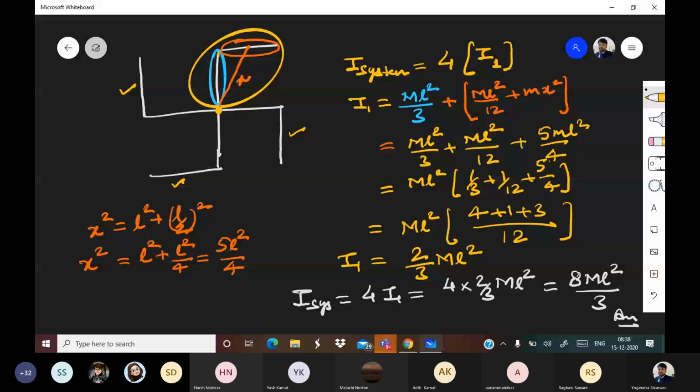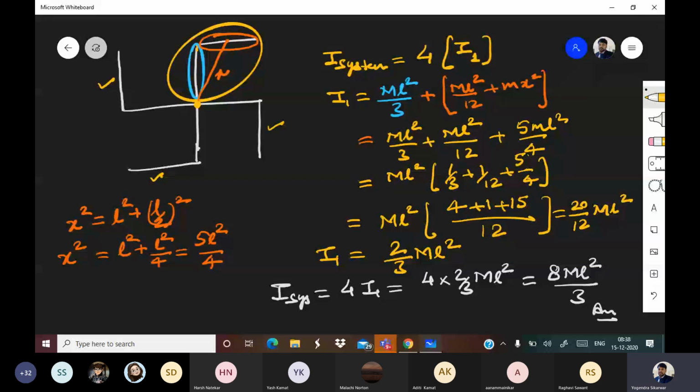So this will be 5 into 3, 15. So 15 plus 5 will be 20. So basically 20 by 12 ml square. Okay, 20 by 12 means 5 by 3.